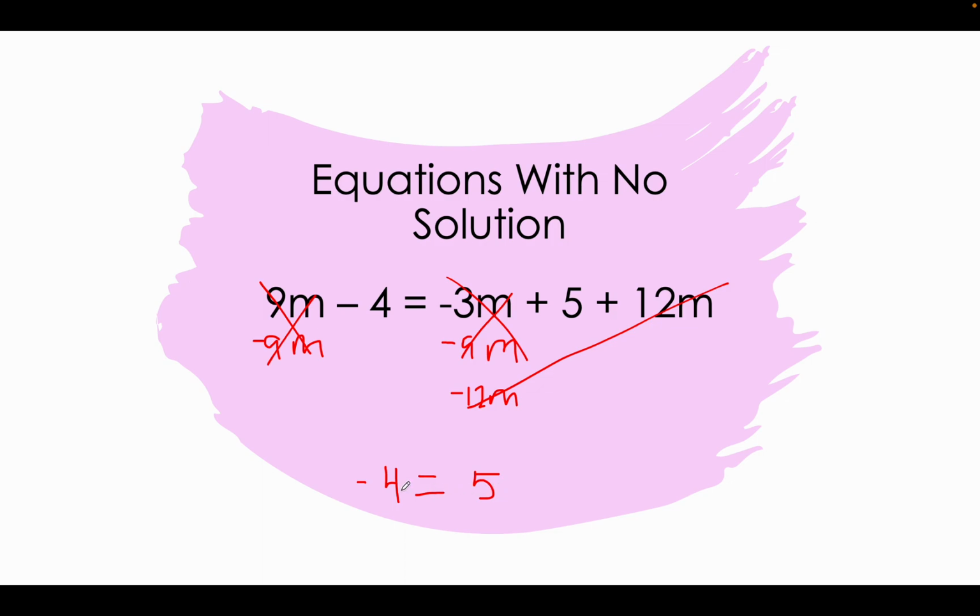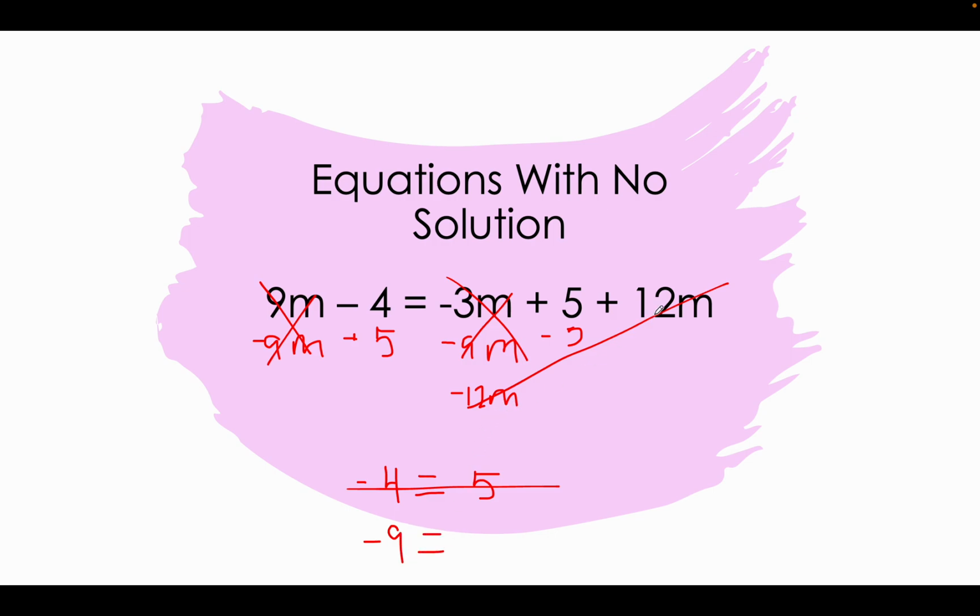No, it doesn't. Now I could maybe combine my terms, right, and get my negative 4 and just add a 4, or maybe, since I put my m's over here, maybe I should move the 5 over here. Minus 5 on this side, and add a minus 5 on this side. Then I've got the situation: minus 4 plus minus 5 equals minus 9.